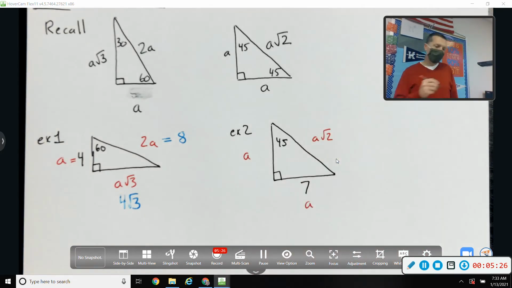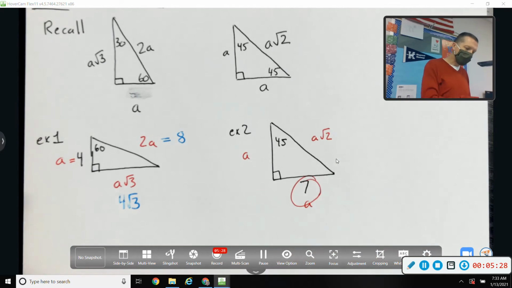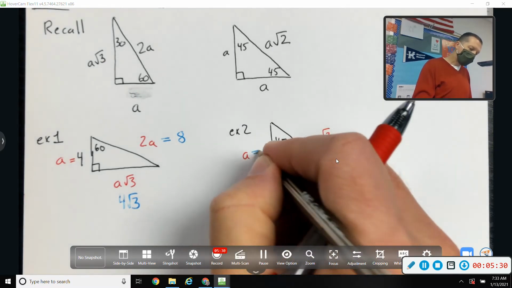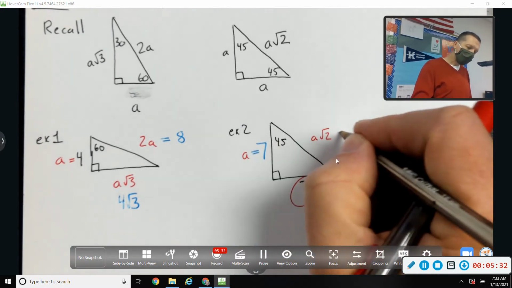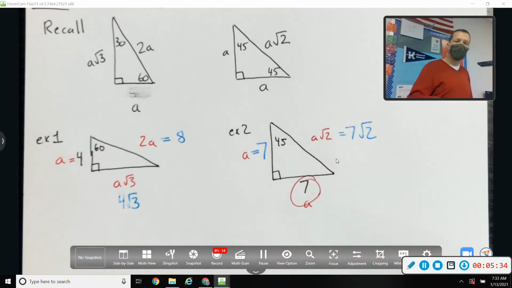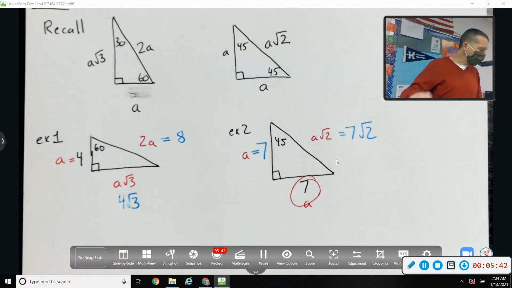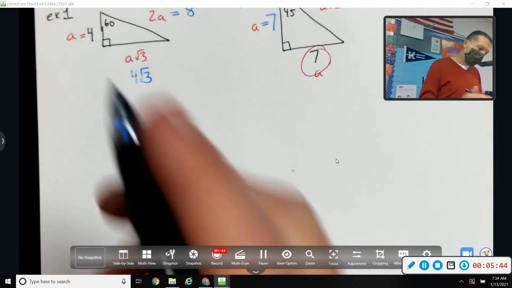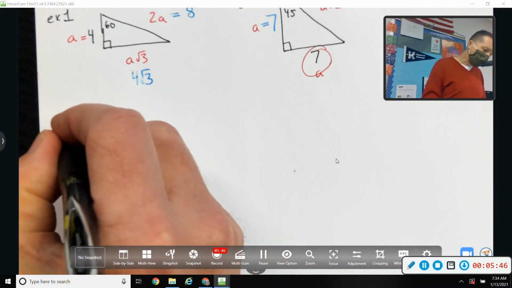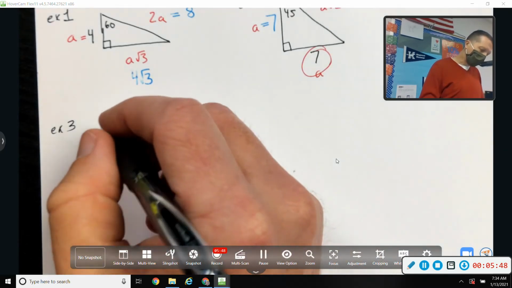We use the pattern to figure out that A is 7. So that means that side's 7, and the hypotenuse is 7 square root of 2. So special right triangles play a big role in the unit circle. Let's do 2 more of these. It'll be even more useful for what we're going to do today.